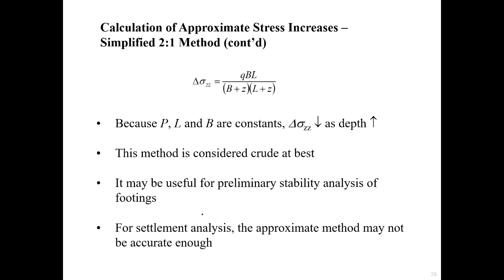This approach is super easy and it tends to be conservative, meaning that it's going to predict larger stresses than actually exist in the soil. Which means we have some safety margin. That's the so-called conservative. We want to predict a bit higher than it should be, so that in the design, we keep some safety margin.